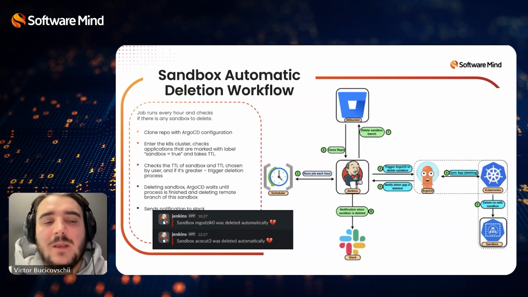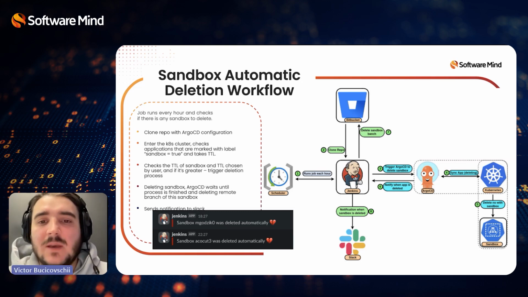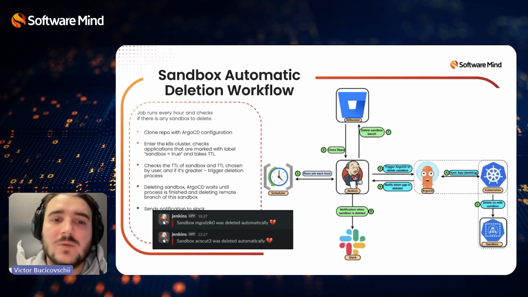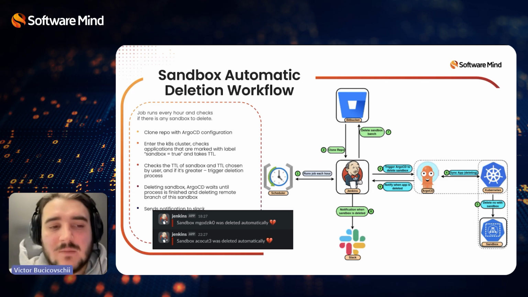So it takes the time to live of the sandbox chosen by the developer, and it compares it through the creation timestamp. So if the age is higher than the time chosen by the developer, it triggers a job that will delete this sandbox.